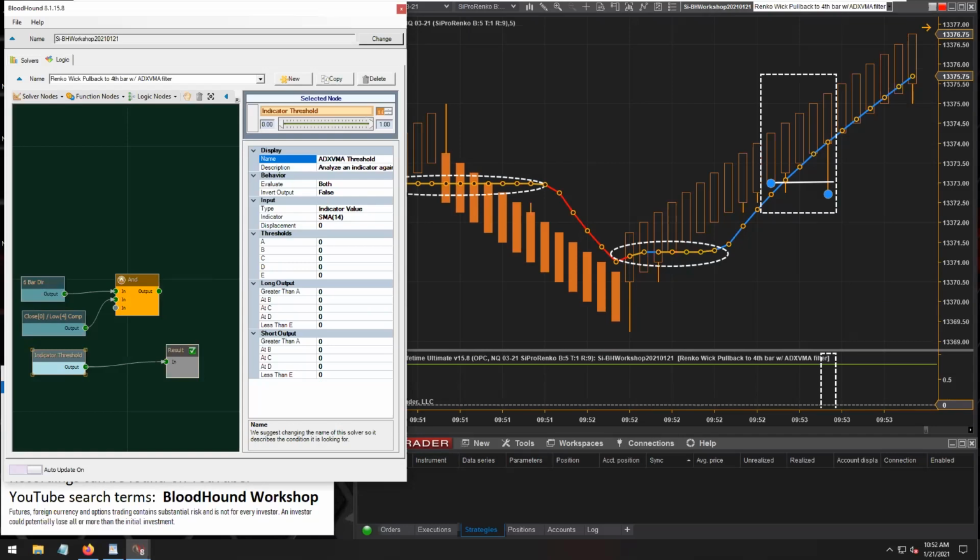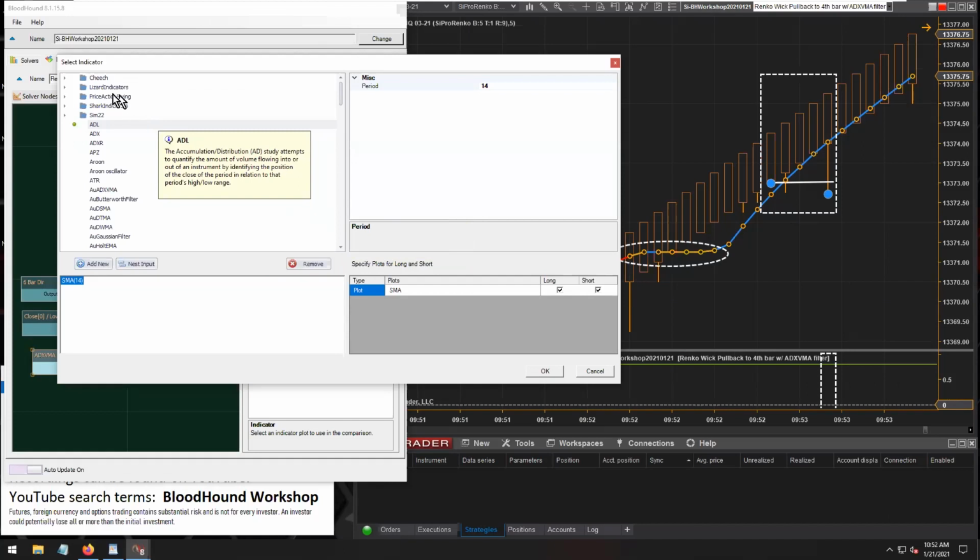And I'm using a 5 period. All right, so we want to identify when the ADX VMA 5 period is trending. So our input here is going to be the ADX VMA.